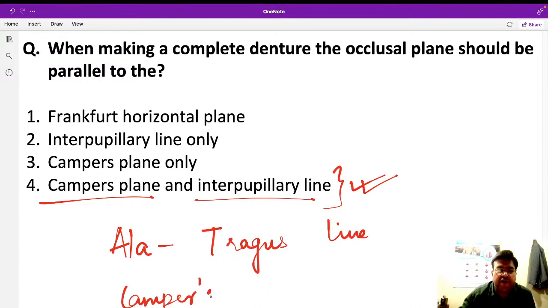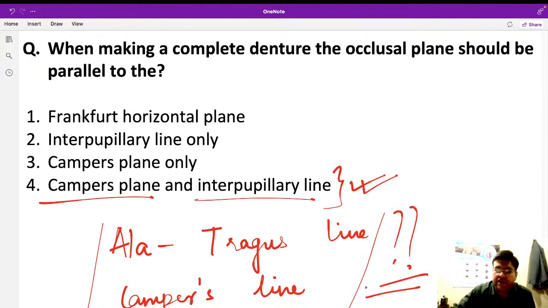The difference lies in the part of tragus where that line comes in. Ala is there, which is situated in the position. But for tragus, which part of tragus is going to come up when you are dealing with Camper's line?